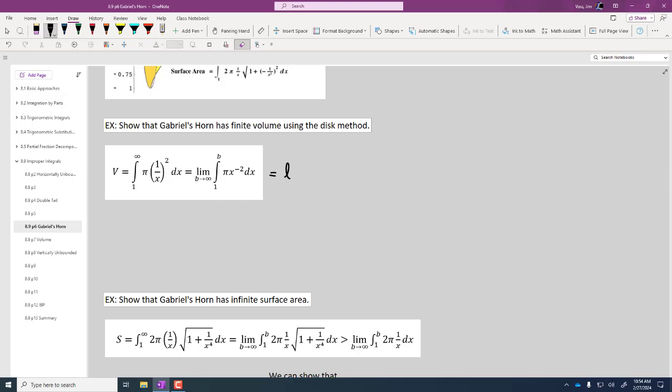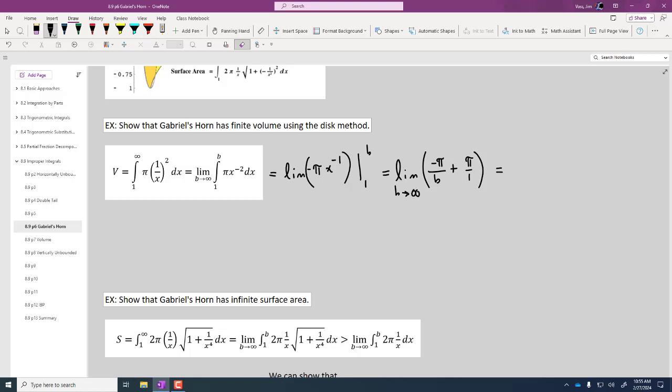So here, we're going to have the limit. When we integrate, we add 1 to the exponent and divide by the new exponent, which puts a minus in front. And then we're going to go from 1 to b. If you want, you can factor out the minus pi. I didn't factor it out here. It doesn't really matter. So it's going to be minus pi over b. Minus a minus is plus pi divided by 1. And this limit is as b goes to infinity.